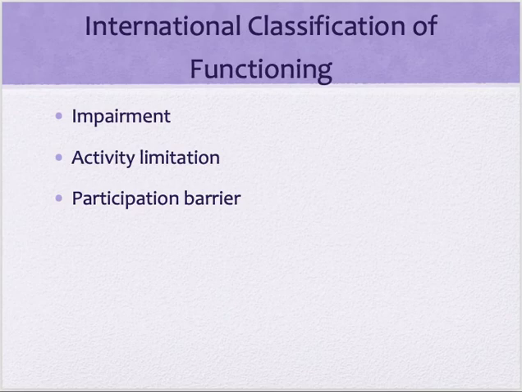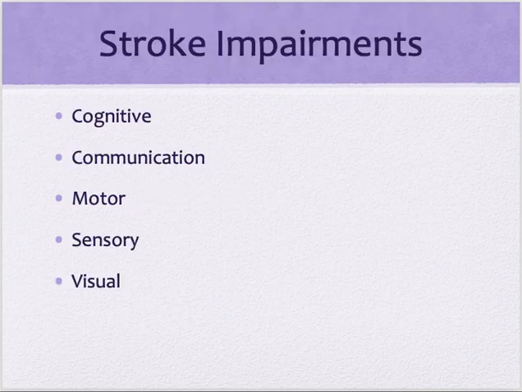Of course, there are a lot of other things as well, but I'm talking about the general things. As I said at the start of my lecture, there could be motor, perception, visual, cognitive, or communication problems, right? So there could be any impairment like this, which you have to improve with the help of rehabilitation.